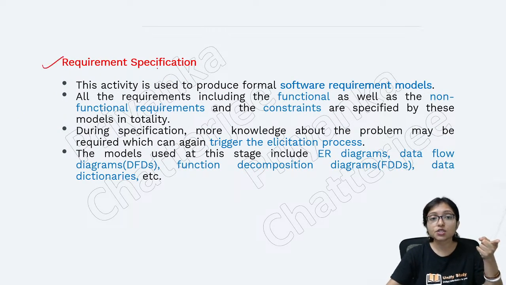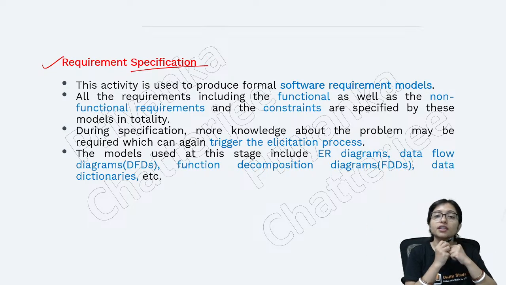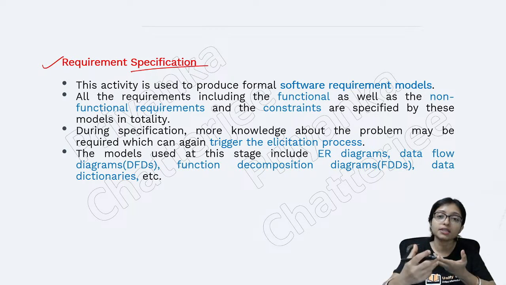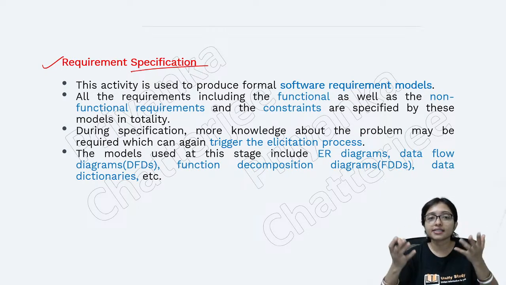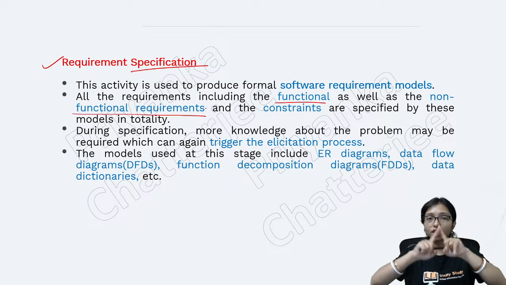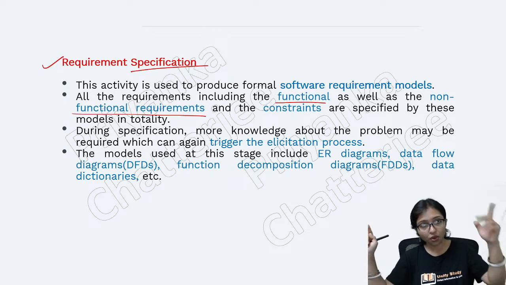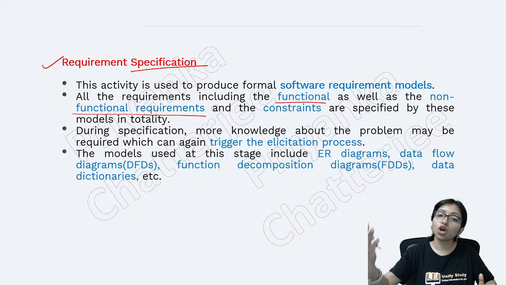Next one is the specification. You gather all the information, now you have to specify, which means you have to document it properly. What to specify? The requirements, including functional and non-functional. Requirements are of two types: one is related to functionality, another is non-functional.